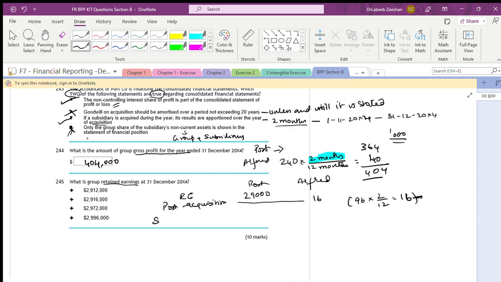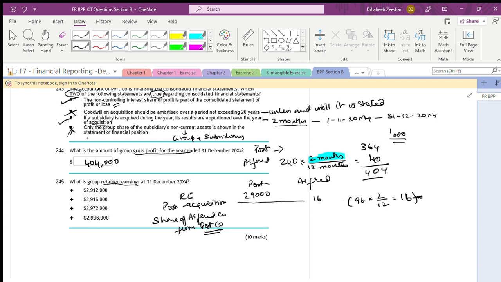In this 16 we have to take the share of Alfered, from the Port's point of view.